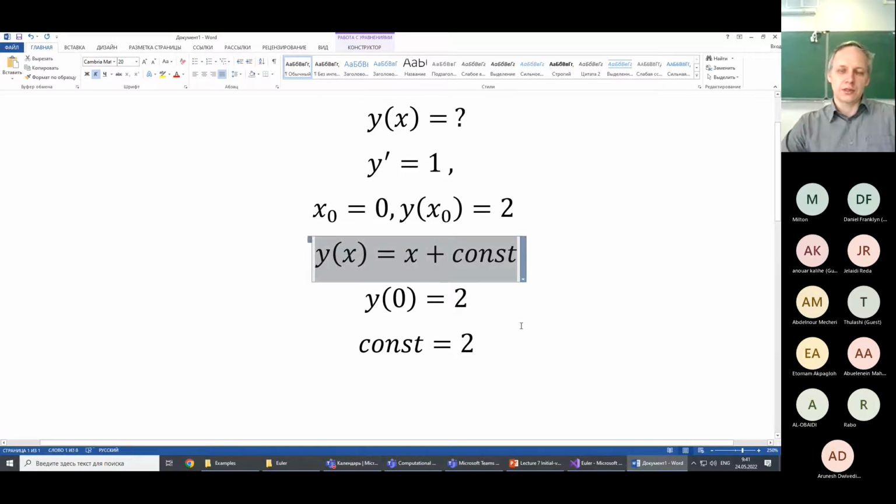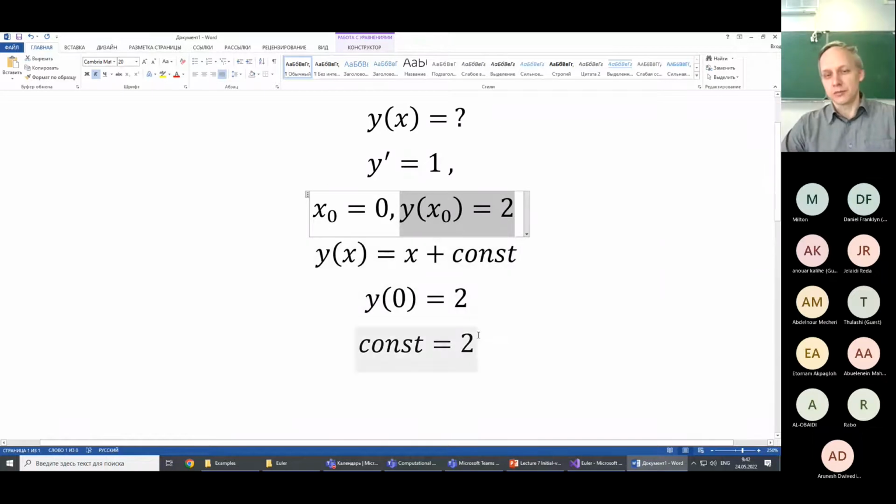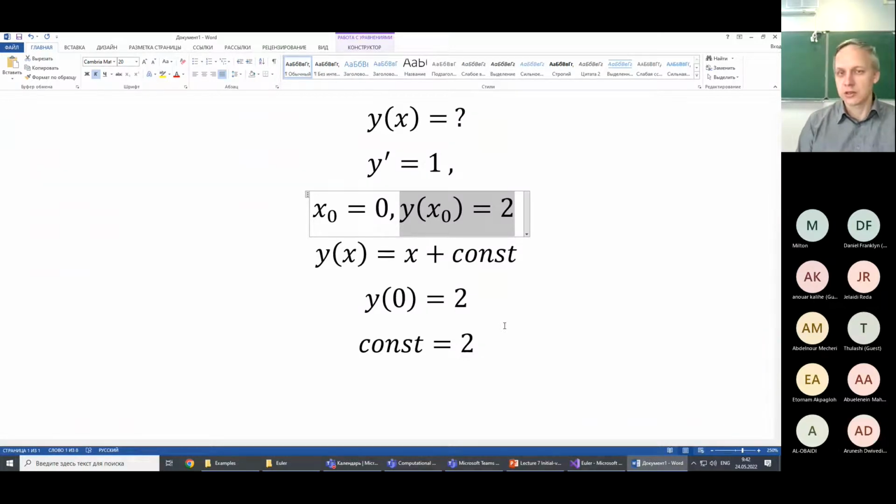This general solution always depends on some constant, and this constant can be fixed from the initial condition. So these are the main points from the theory of differential equations that will be useful for us.